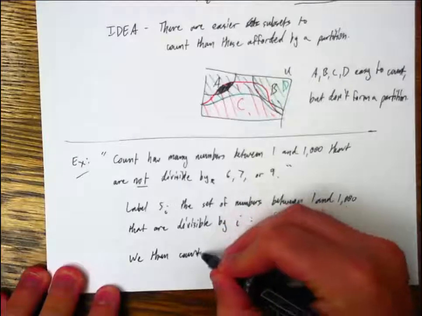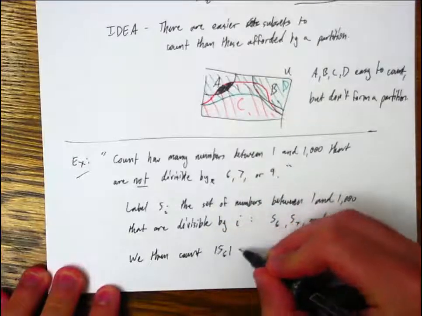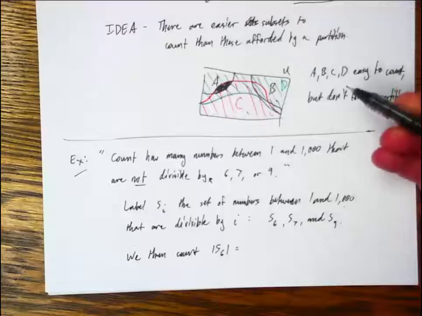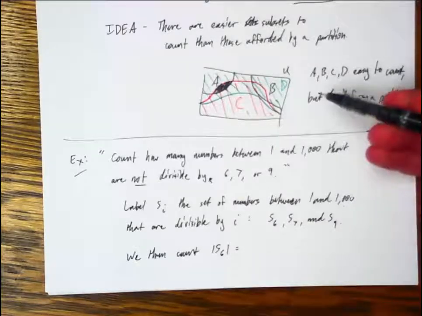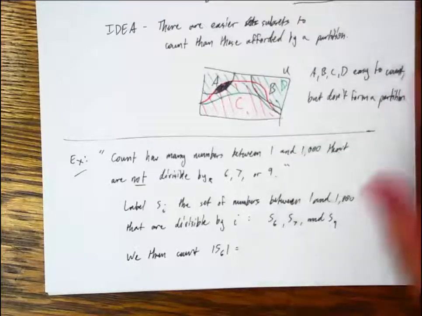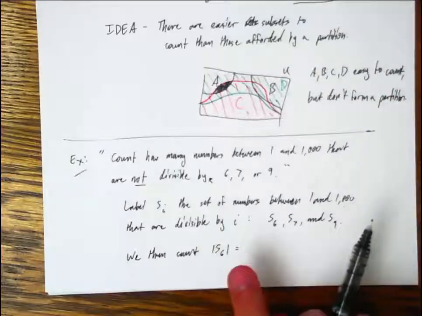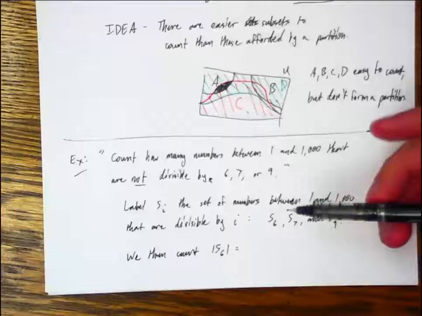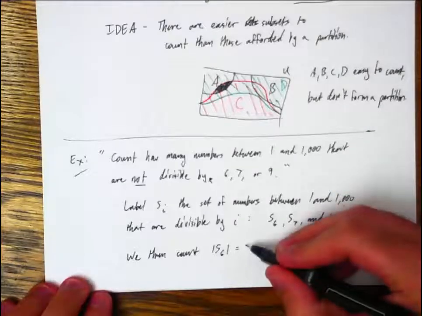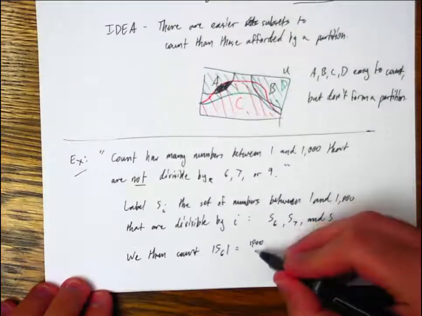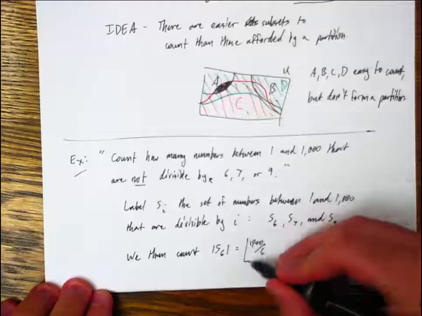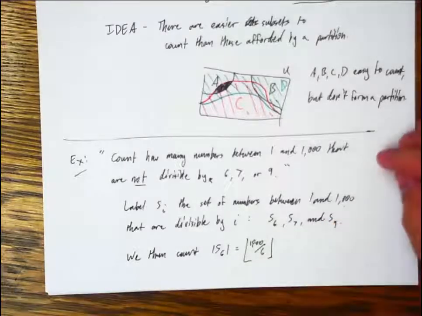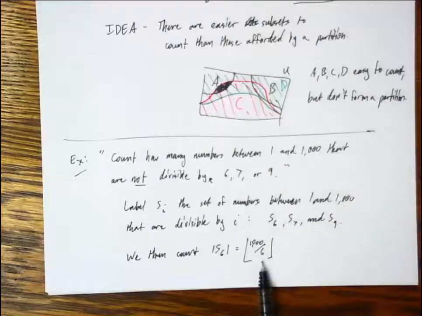It's not too hard to see that we can count S6. I'm looking at the numbers 6, 12, 18, 24, 30, and so on, and I know that there are at most 1,000 different options here. So I'm going to take the floor of 1,000 divided by 6. This gives me how many numbers between 1 and 1,000 are divisible by 6.